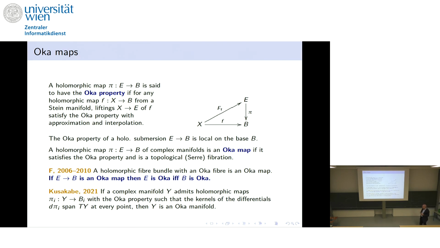And this is also not hard to see, because you see, what is the point? The point is that each time you have such an Oka projection, then you can verify this condition of Kusakabe, that you have to build a dominating spray. You can make a spray which is partially dominating, namely, it is dominating in the direction of the kernel of this differential, in the vertical direction, sort of.